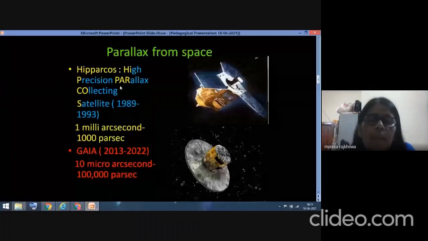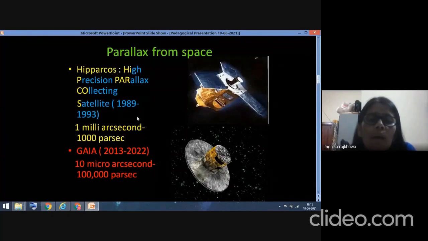Hipparcos worked between 1989 and 1993, and it is capable of measuring the parallax angle to the accuracy of 1 milliarcsecond, and that gives us the measurement of distant stars as far away as 1000 parsecs.